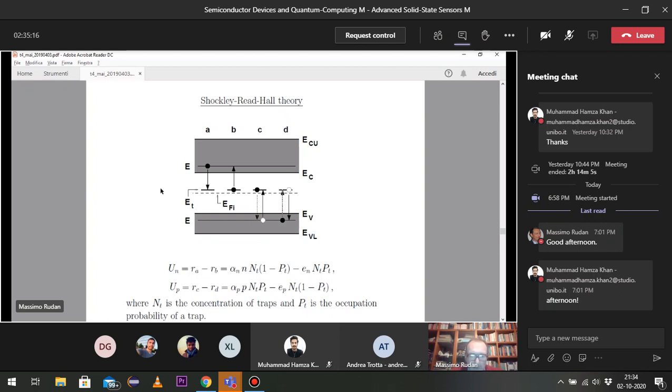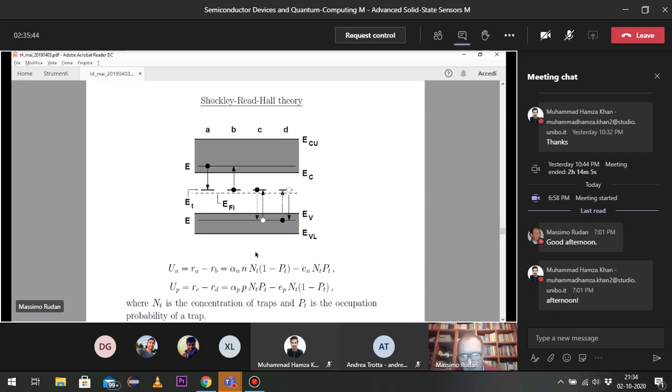Okay, so what should we do now? In principle, we should repeat the calculation for each trap energy that is present in the semiconductor and sum up the results. This would be very inconvenient, okay? And we ask ourselves, should we really do this?